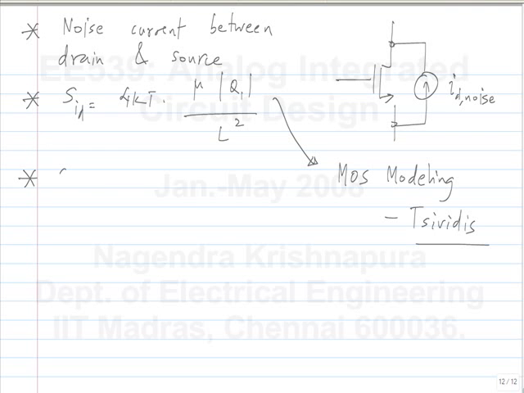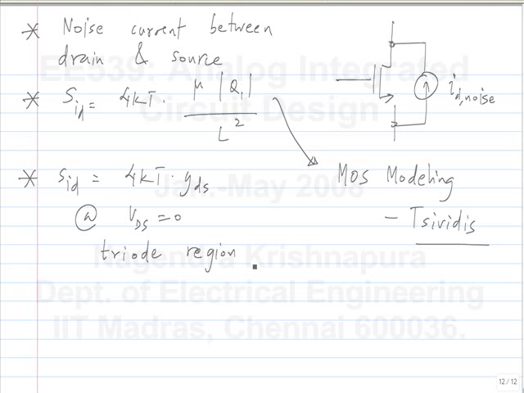And this SID can be simplified to four kT times GDS at VDS equal to 0, but we will use this in all of triode region.